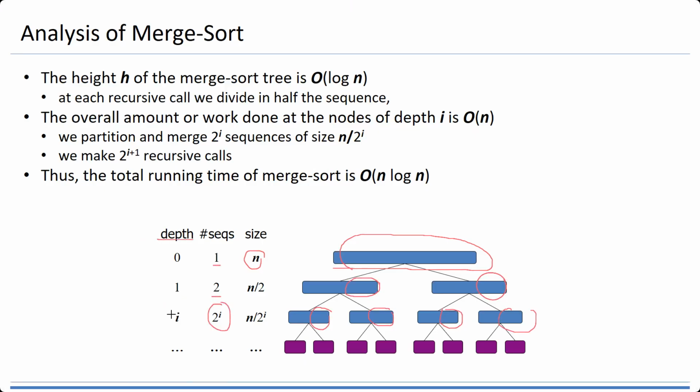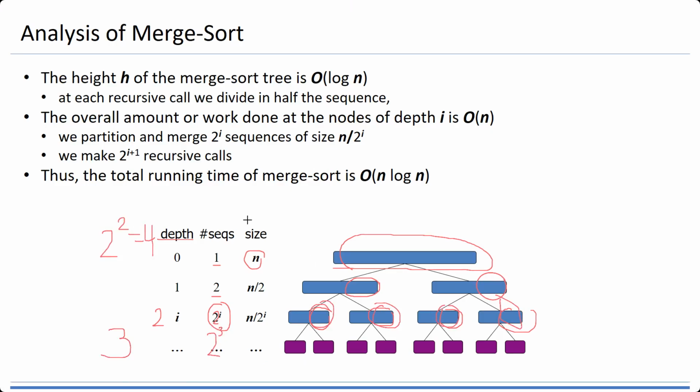So on depth 2, there will be 2 to the power of 2. So it means there are 4 sequences: sequence number 1, 2, 3, and 4. What about depth equals 3? Then there will be 2 to the power of 3. Then there will be 8 subsequences.